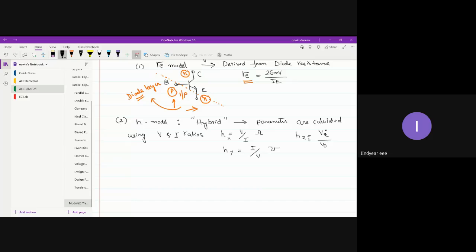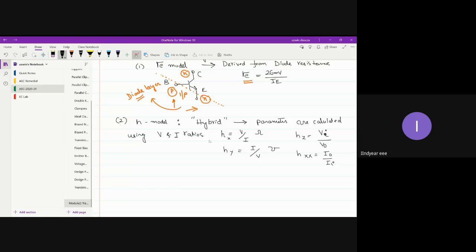Again, this becomes dimensionless because you are dividing the two voltages. Then you can also have some Hxx as a current ratio, output current to input current. So again, this becomes a dimensionless quantity.